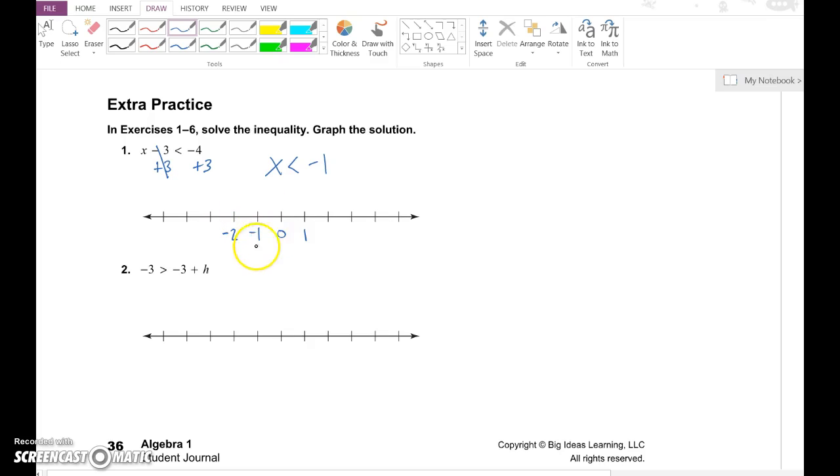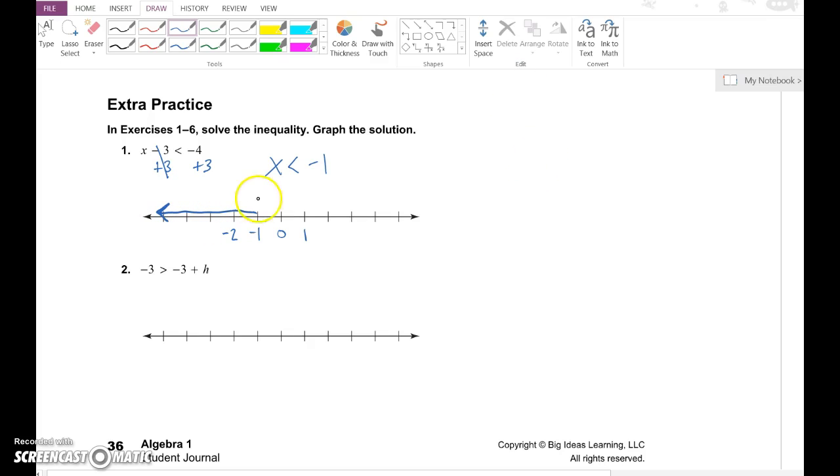Just a few numbers so that you know what you're graphing. And then x can be anything less than negative 1. So it can be numbers down this way. If you need to make your arrow a little above your number line, you can, so that it shows up if you're using pencil.